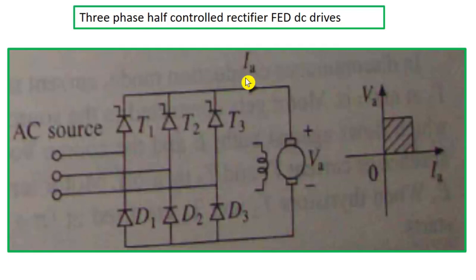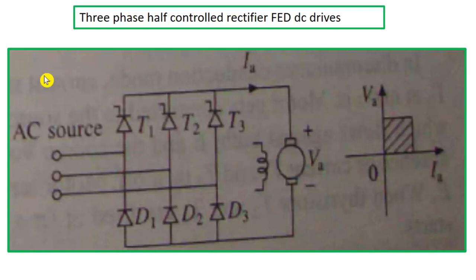Now here, as we have seen in single phase half controlled rectifier, fourth quadrant operation is not possible. Here the same thing will be there. So this diode will be forward biased using this thyristor, and it will be short circuited and the negative output voltage we will not get. And here we will control only the firing pulses of these 3 thyristors.